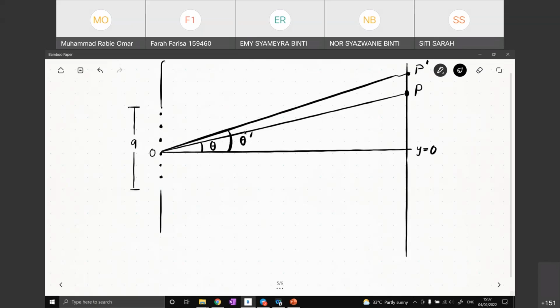So this particular theta characterizes the point P. Or you can characterize P in terms of y as well. So maybe the elevation here is y. Or for this one, the elevation here is y prime. Just an example.